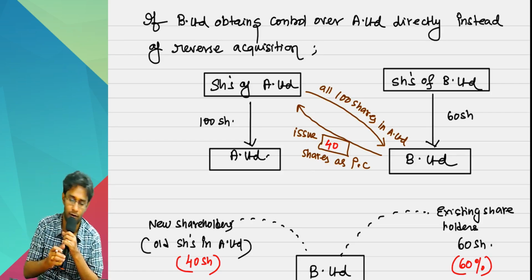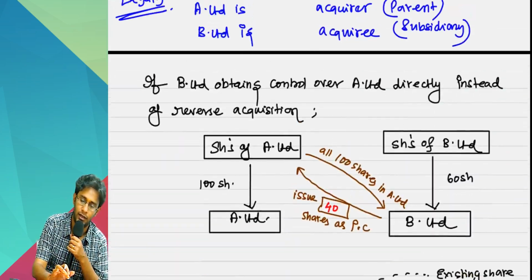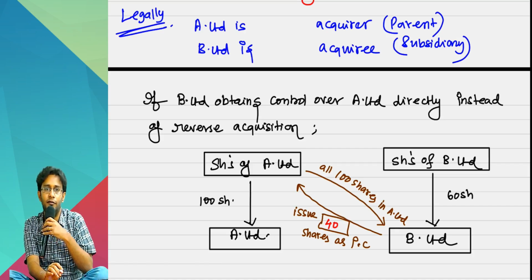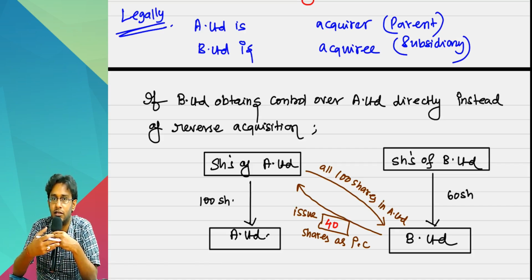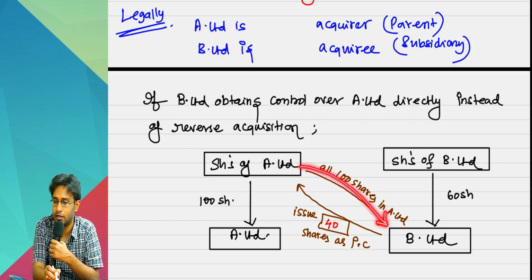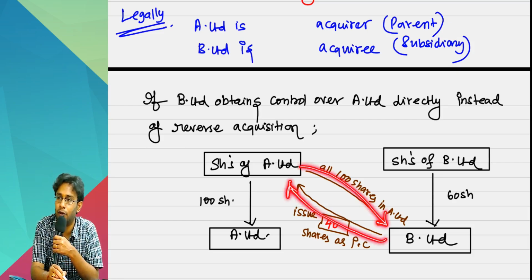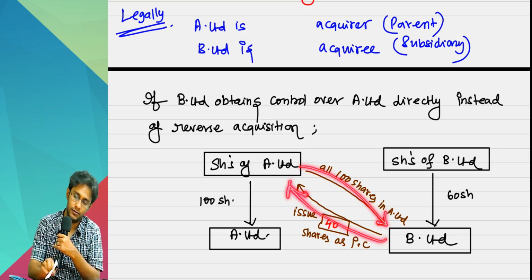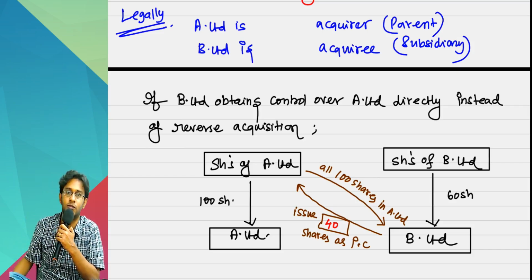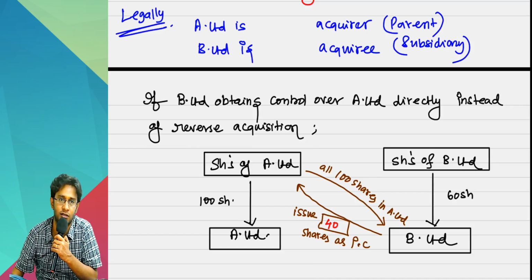Understood, sir? Right. But wait there. Did we discuss one case of PC where a share to share exchange is there? Share to share exchange means what I am buying is shares, what I am paying is my own shares. In this case, either the fair value of shares issued or the fair value of shares acquired, whichever is more clearly reliably measurable, isn't it?